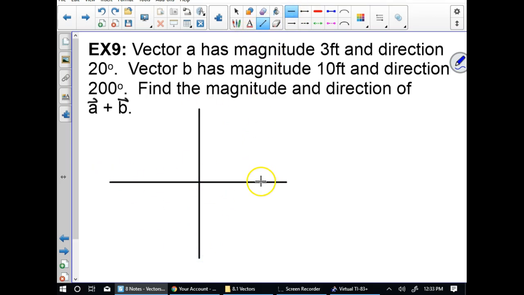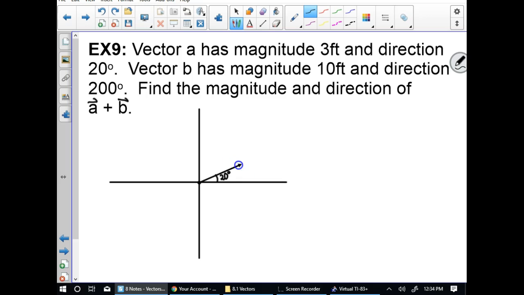We're thinking of unit circle values. When we have a direction of 20 degrees and a vector of 3, that will look something like this right here, where this angle is 20 degrees.